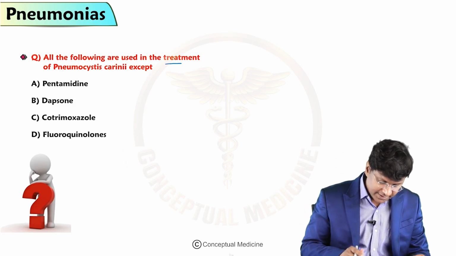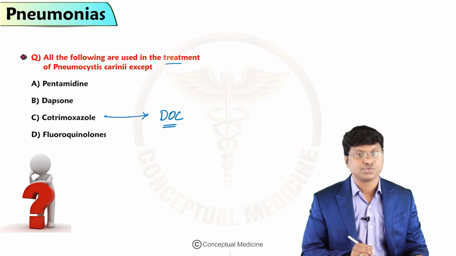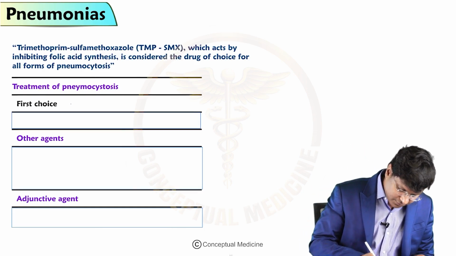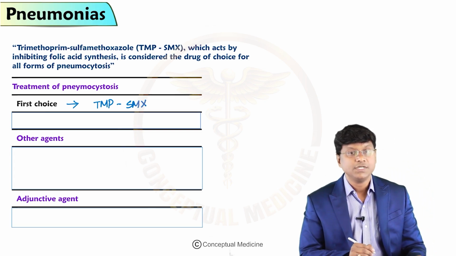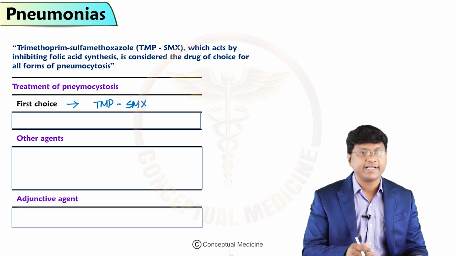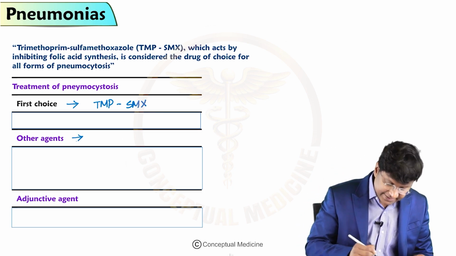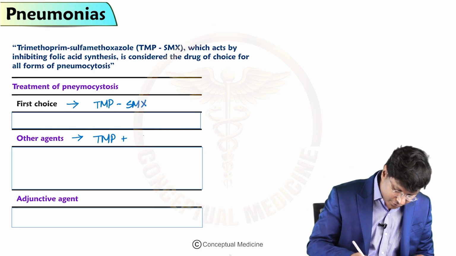Now, the drug of choice will be cotrimoxazole. What is cotrimoxazole? It is a combination of trimethoprim and sulfamethoxazole, which is available as Bactrim, and is the drug of choice or first line drug for PCP pneumonia. The other agents that can be given for PCP include: number 1, trimethoprim plus dapsone.